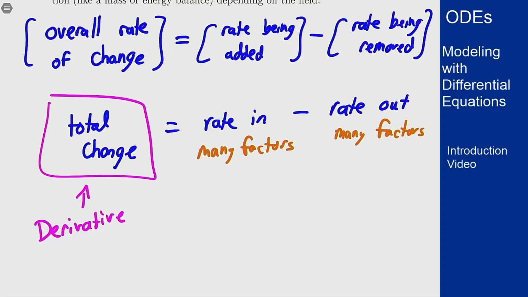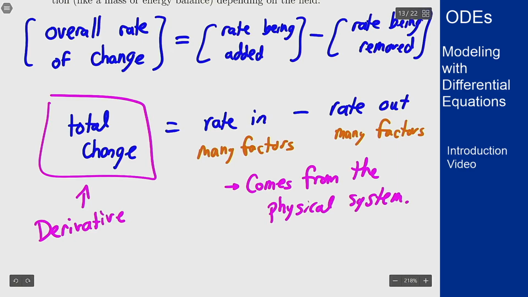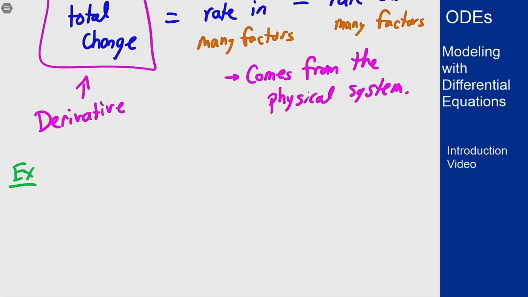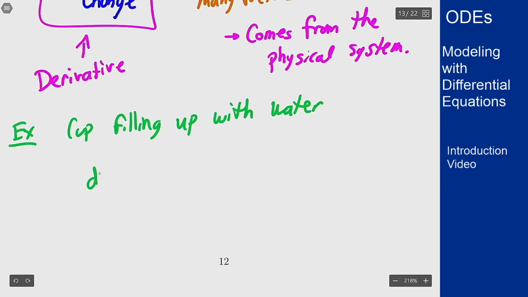As a sort of basic example, if I have a cup that's filling up with water, I can model the volume of water in a tank with, say, dV/dt as the total net change of volume, and this would equal all the different factors coming into play to add and subtract water from this cup or this tank, whatever it may be.